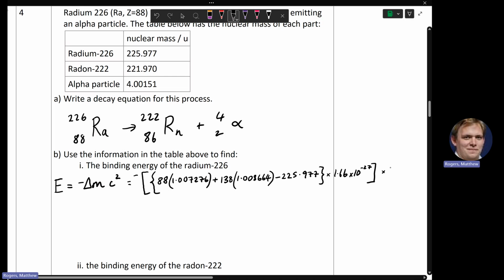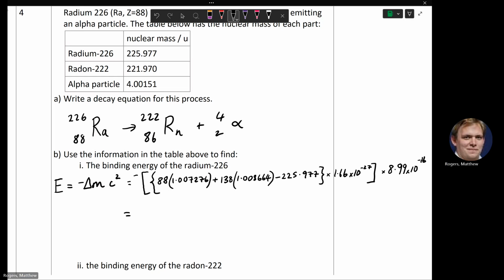And then we need to multiply that by 8.99 times 10 to the 16. So that's our calculation on a calculator. Take away 225.977.